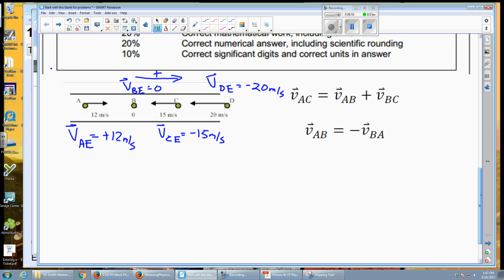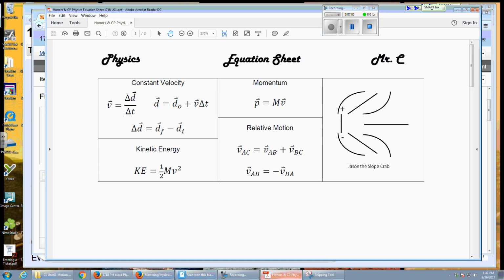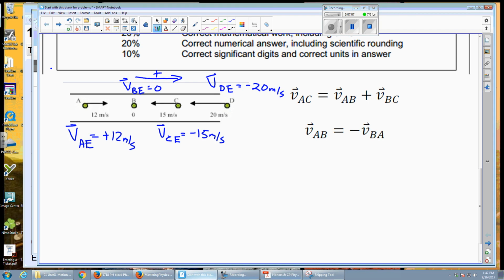All right, so then they want me to find things like the velocity of A with respect to B. So part B, excuse me, velocity of A with respect to B. Now notice they put a slash in there. I leave the slash out.